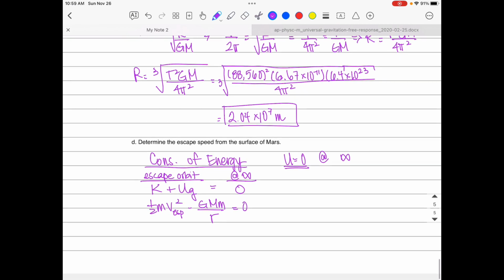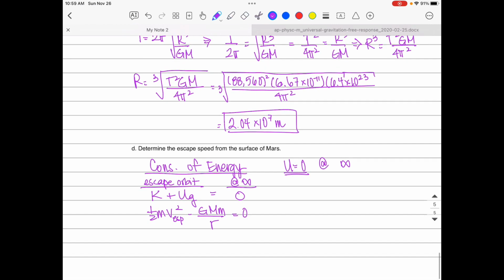And then we are going to solve for the escape velocity. So here we've got m v escape squared all over 2 is equal to G big M little m over r.